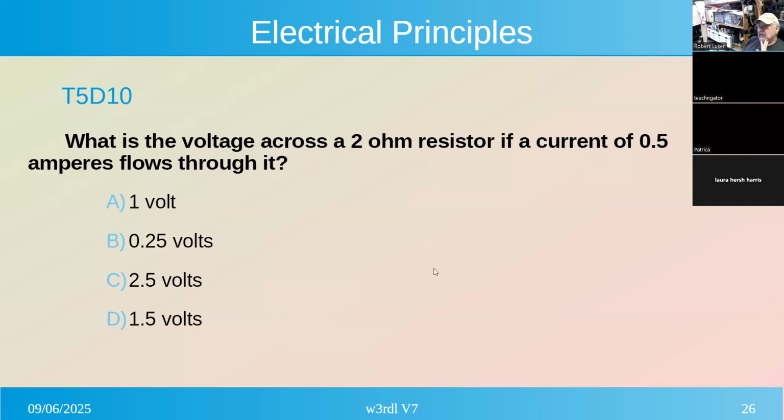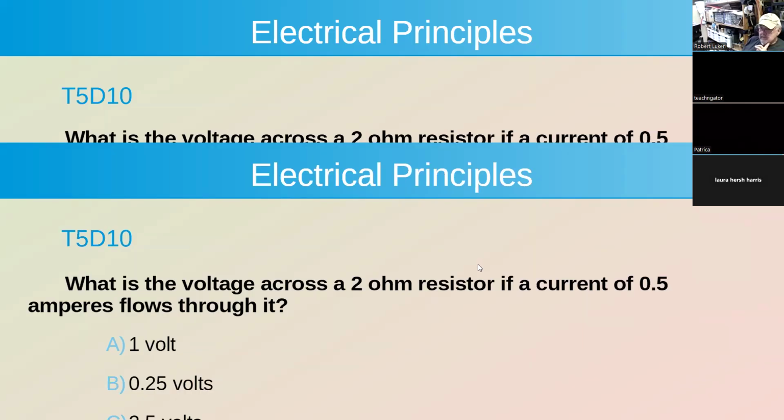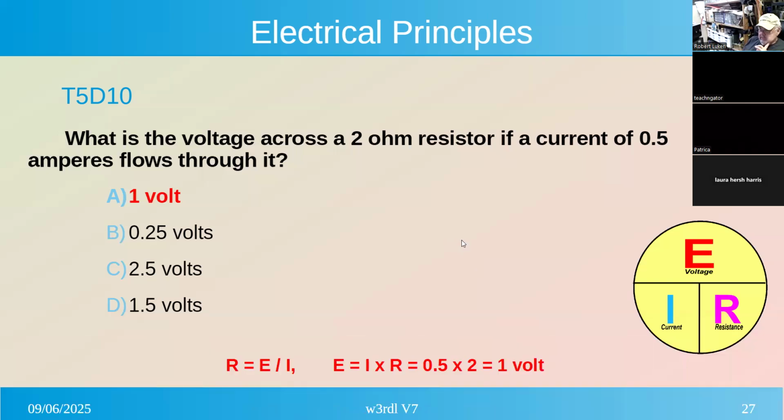Remember, voltage is going to be the current times the resistance. Alpha.